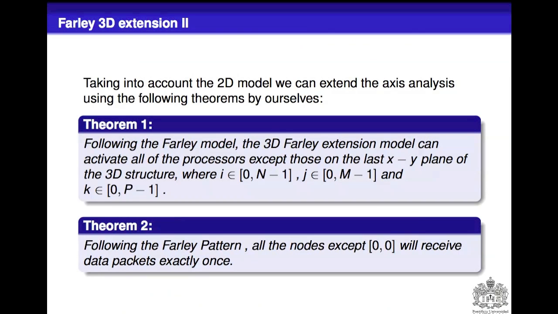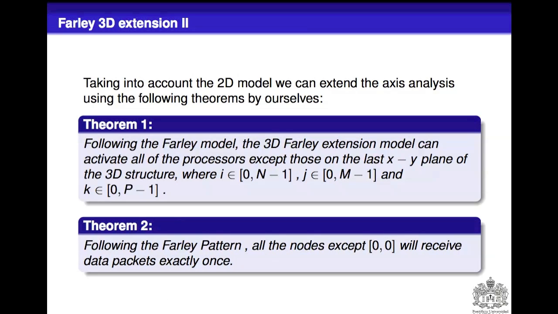Well, to follow this, we define two theorems that are totally related with the beginning of the previous one that was defined by Chen. Theorem 1 is the Farey model, an extension of this 2D Farey model, and you can see we could have an XY plane of the 3D structure that is similar to the 2D Farey model, and if we follow the Farey model, all the nodes except 0,0 will receive the package exactly once.